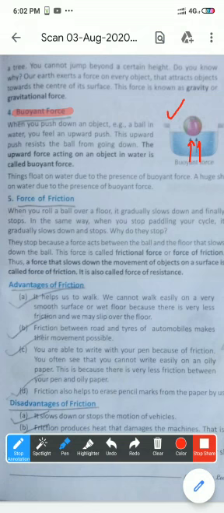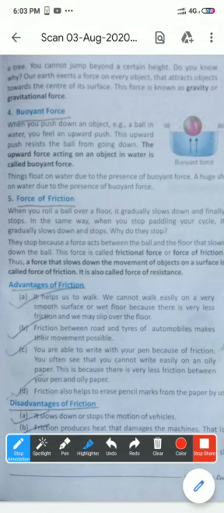This upward force is actually given by the water to this object, so that the ball is going up. We call this type of force buoyant force. So, what will be its definition? The upward force acting on an object in water is called buoyant force.